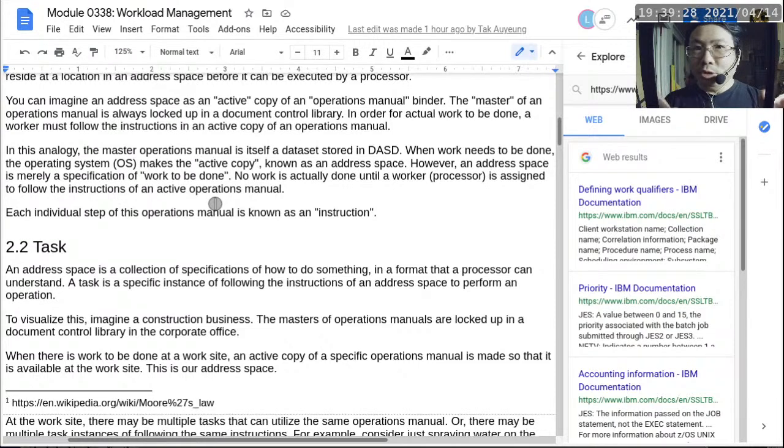So what I need to do at this point is jot down a little bit of notes so that I can remember the context of my question answering with the first student. That is the TCB. The TCB is just a bookmark, a way for me to remember where to resume when it's time to go back to a particular task.